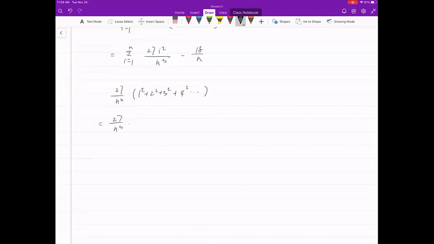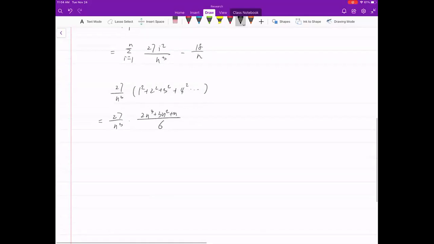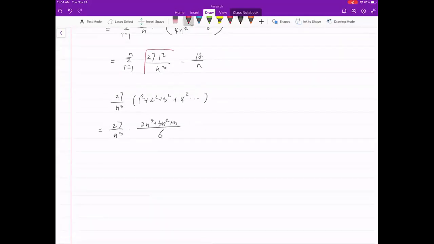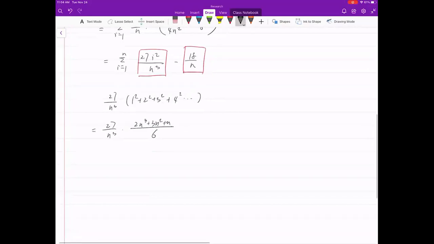They gave you the formula: 2n cubed plus 3n squared plus n, divided by 6. That will be the first part. The second part is 18 over n plus 18 over n plus 18 over n, n times. So together it's 18 over n times n, which is 18.